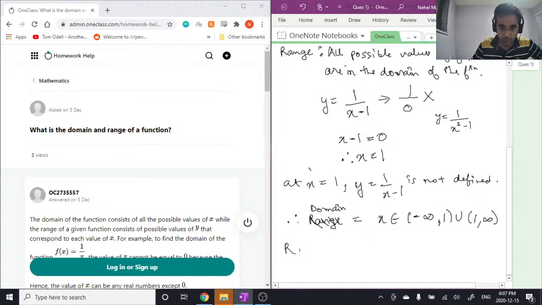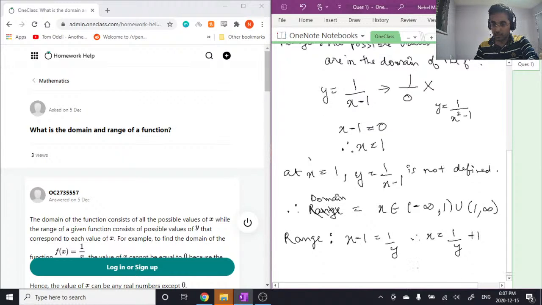And then if I want to calculate the range, which is all possible values of y, what I can do is solve this equation for y. So we would have x minus 1 equals 1 over y. Therefore, x equals 1 over y plus 1.